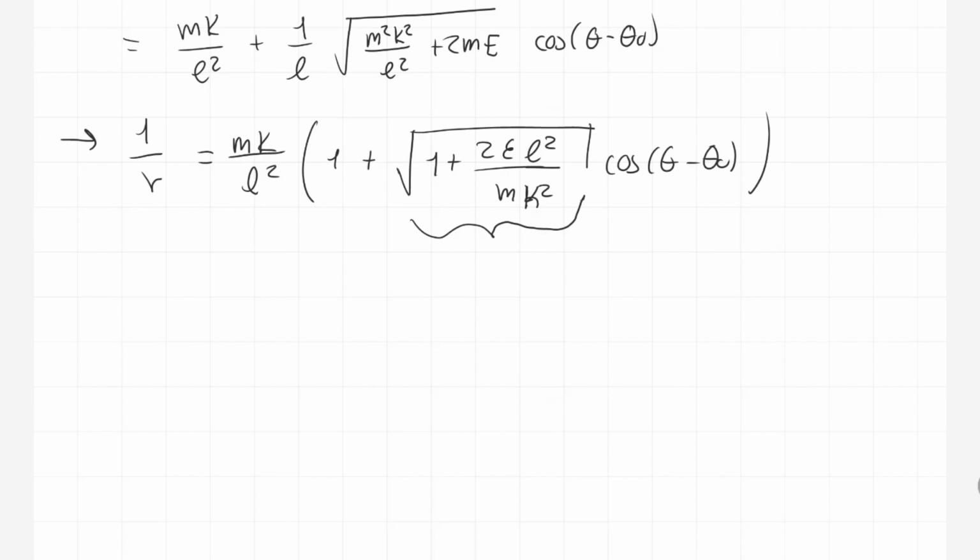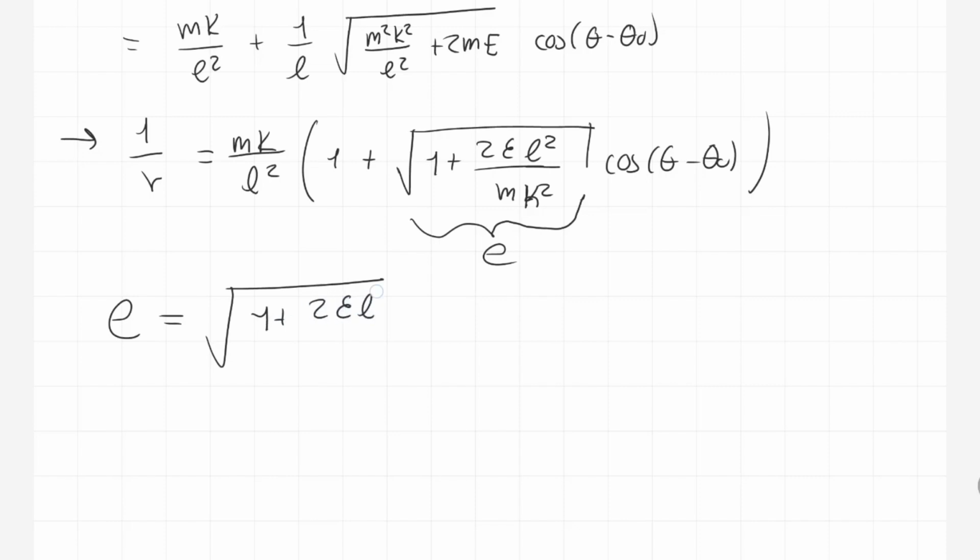In this particular case, we are going to see that the result is going to be an ellipse, and a very famous concept regarding ellipses is the eccentricity. So that is going to be our motivation to name that expression with the letter e. We are going to define the eccentricity as e equals the square root of 1 plus 2 times E L squared over mk squared.